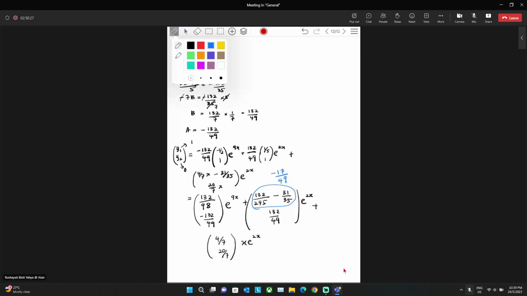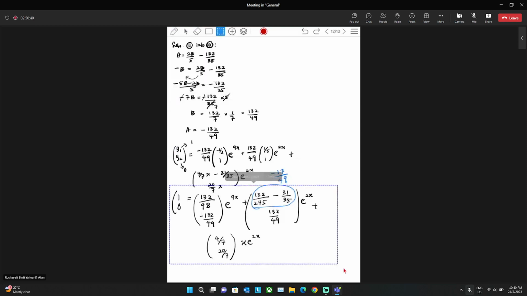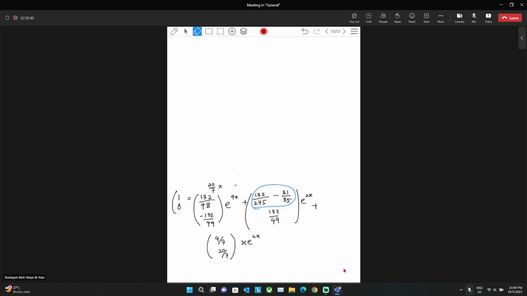Okay, class. Right now, how to check? We have 1, 0, and then y0 equal to 1, 0, and then y0 is here, and based on this equation you change x equal to 0 because this is x.